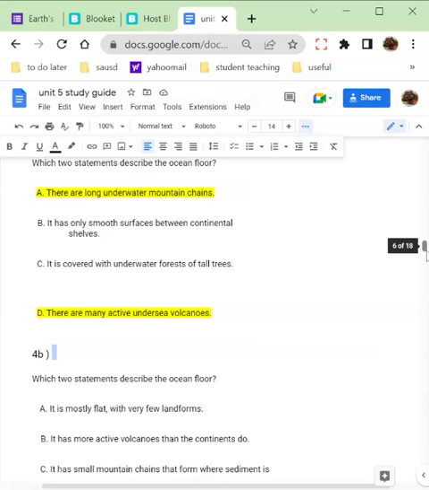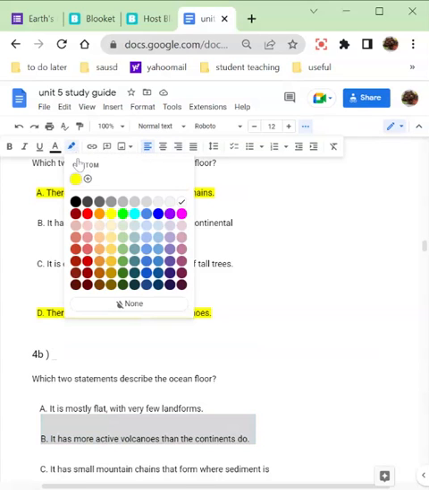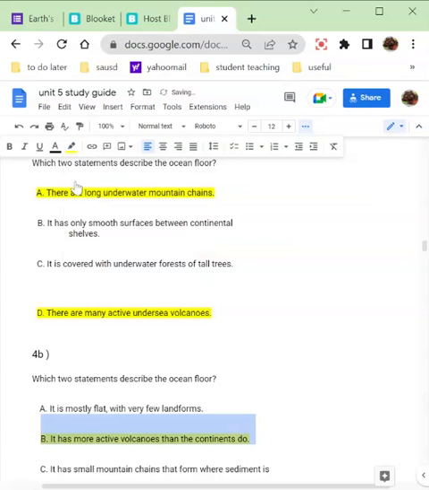Okay, so then we're going to do two more statements regarding the ocean floor. True. There are more active volcanoes underneath the water than there are on land on the continents.